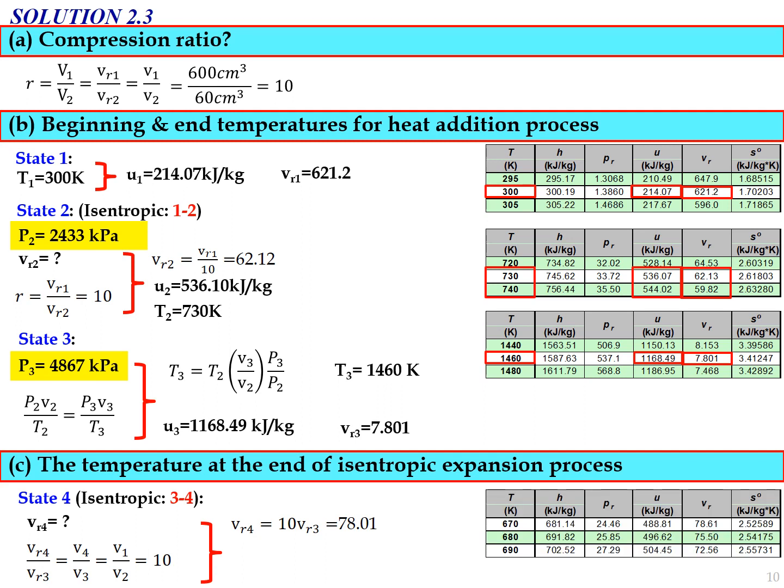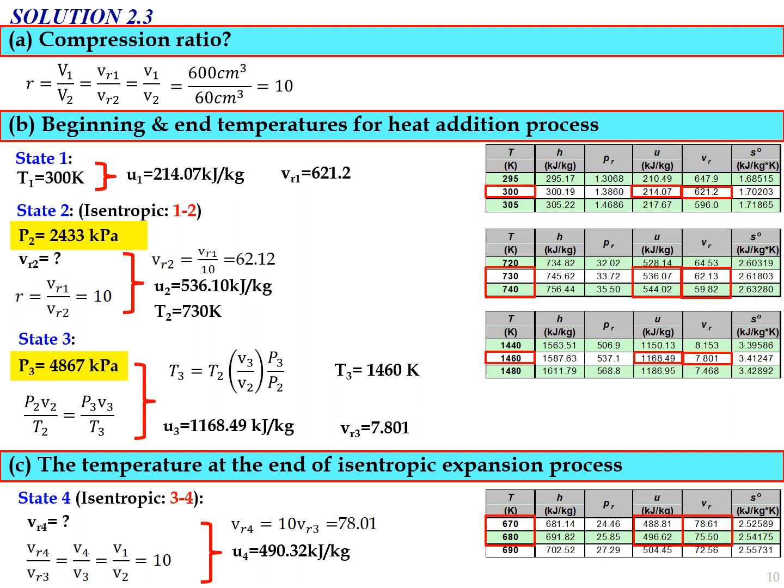Find the value in the ideal gas of air table. So you need to make interpolation between the VR value and the internal energy value U. So you can obtain the value for U4, which is equal to 490.32 kJ per kg.